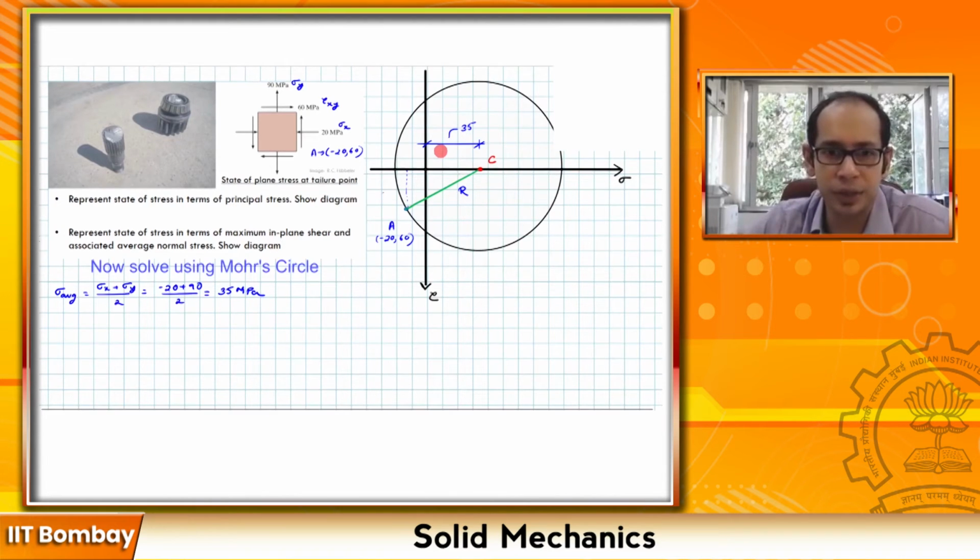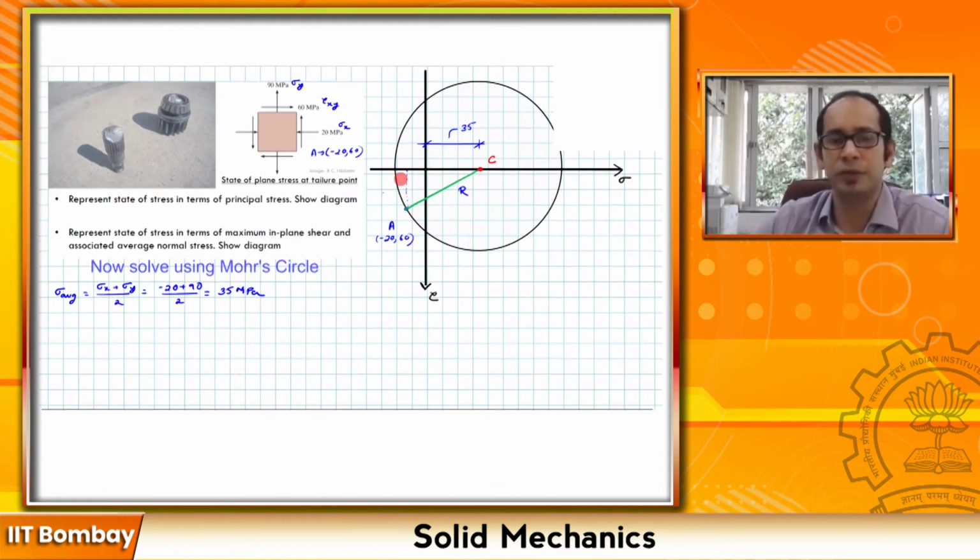Since this is 35 and this is at a distance of -20, this entire length becomes 55, and this vertical is the positive 60 that is over there.